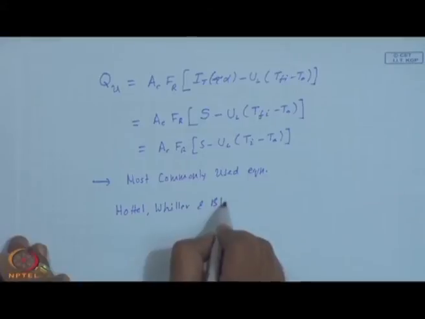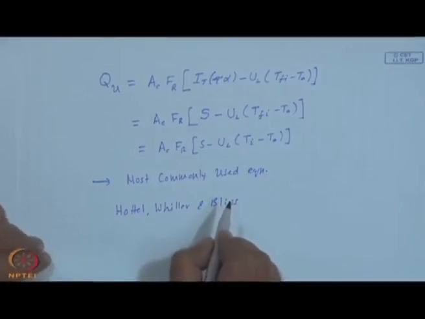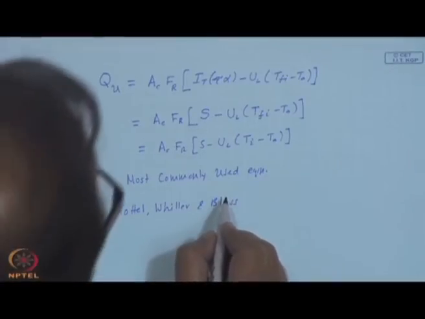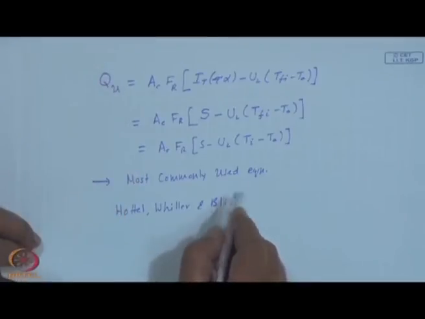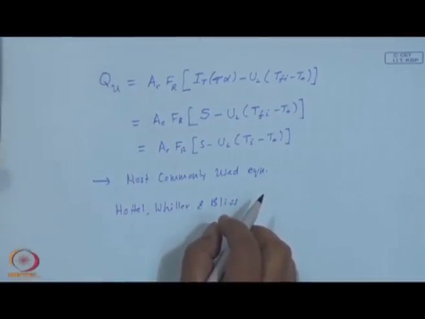and Bliss of MIT, and the interesting feature is this is based upon simple two one-dimensional equations, and there have been comparisons with two-dimensional approaches for the collector using finite difference method, finite element method, and you will find that the difference has not been more than 5% or so compared to this simple equation.